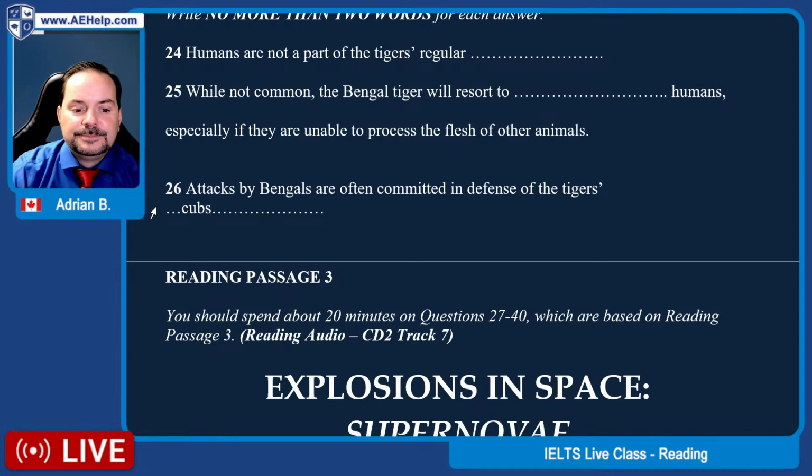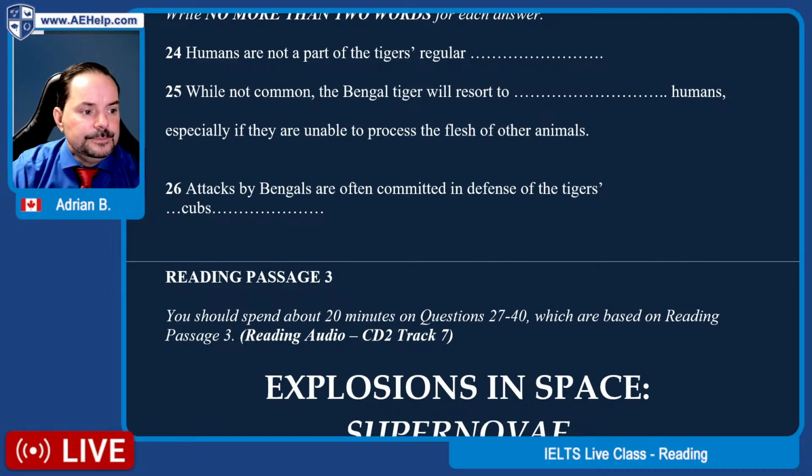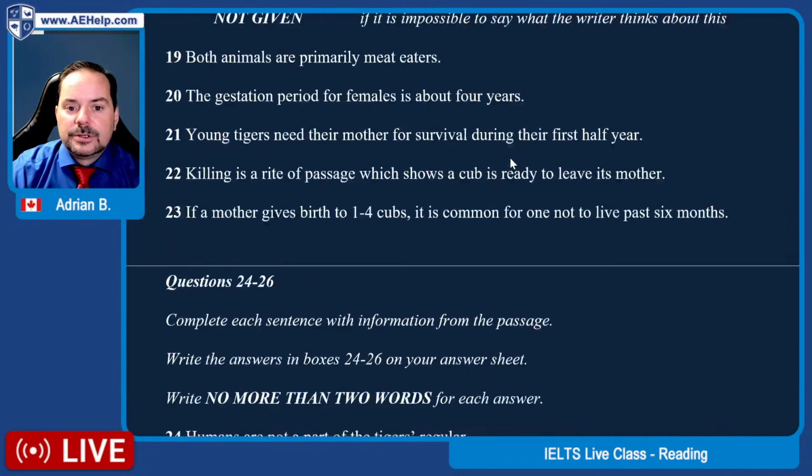Both are okay here. Tiger's cub, tiger's cubs. Here, plural, singular, both will work, but be careful. Sometimes it's one or the other. So be careful with those plurals and singulars.